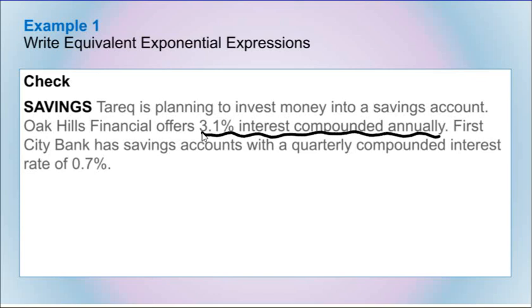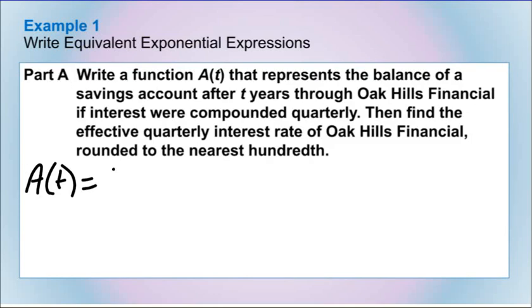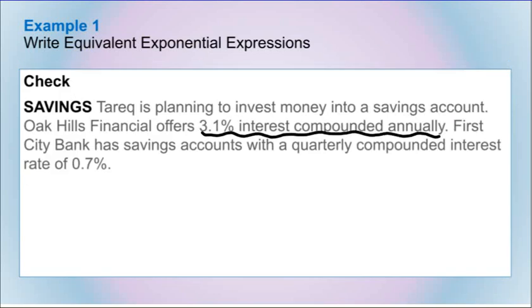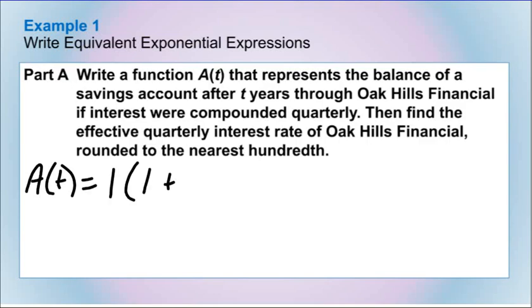So again, we're not told what the original amount was. So we're going to use P for the principal amount, and this would be 1 plus our interest rate was 3.1% annually, so that would be 0.031.